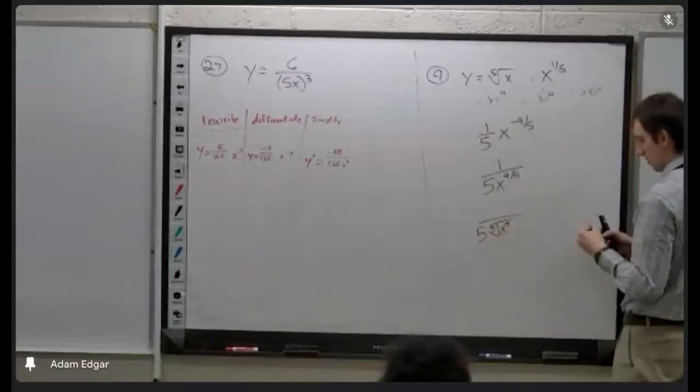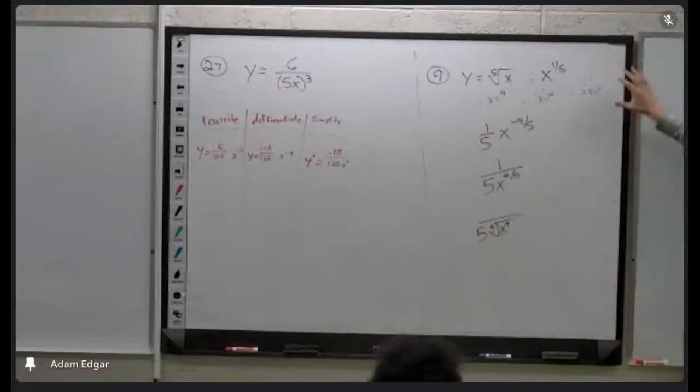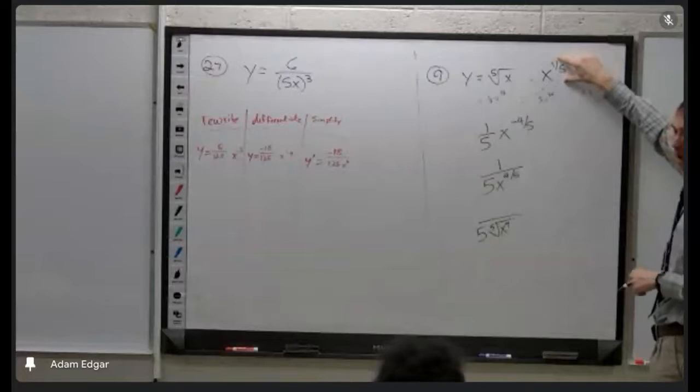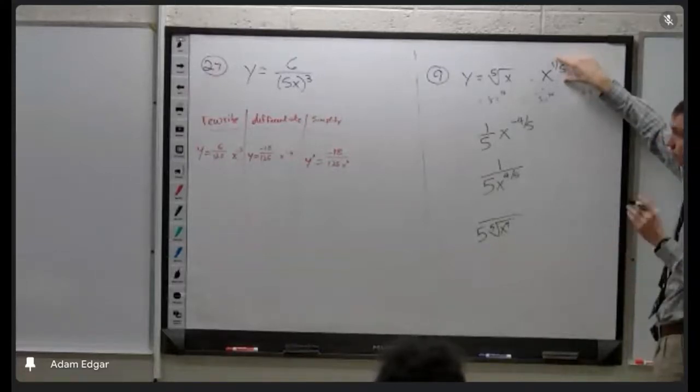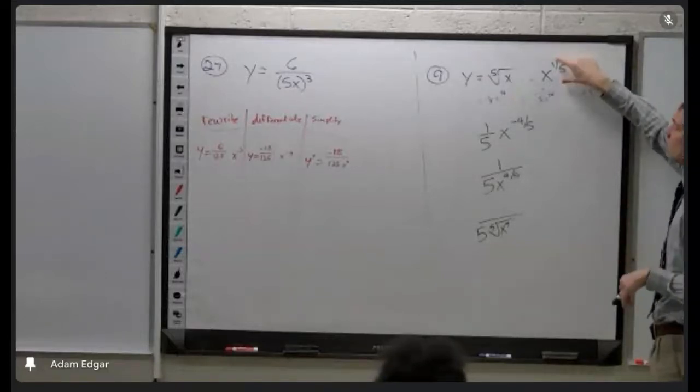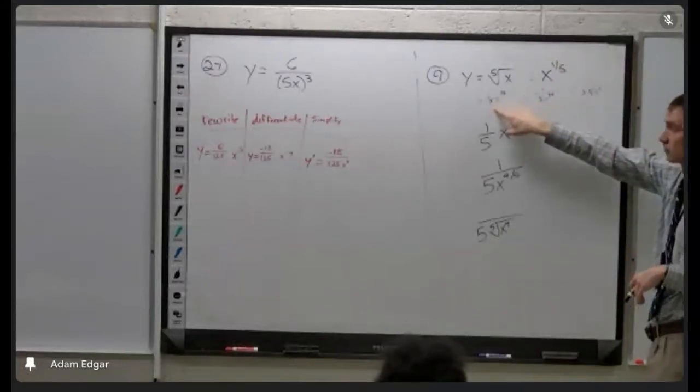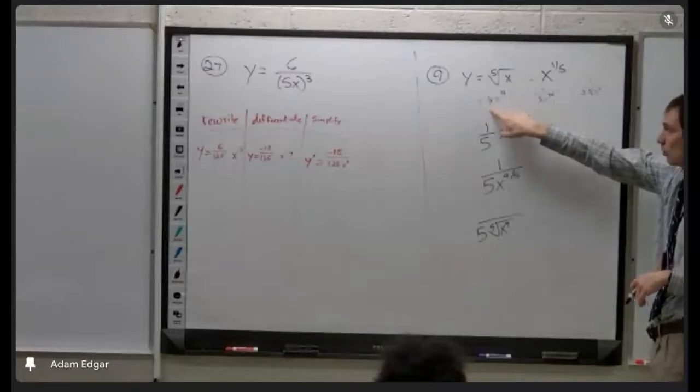Now, other than writing really tiny, I have one other complaint against you. What did George forget to do? Label. So, this first step where he rewrote the original function, is this y or y prime right now? That's still y, because you haven't done a derivative. All you've done is rewrite. Was it f of x instead of y? Fine, it's f of x. At this point, has he done a derivative? Yes. So what is this guy's label? Y prime, or f prime of x.